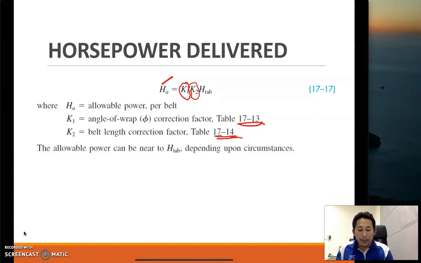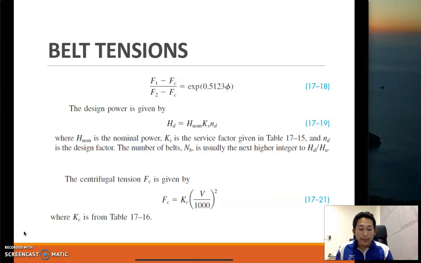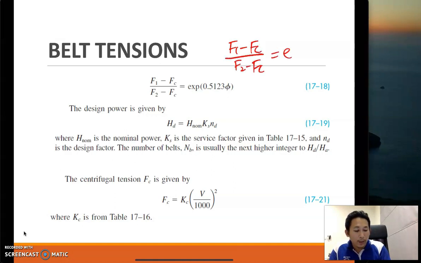The allowable power can be near to H_tab depending upon circumstances. Belt tension: this is F1 minus Fc, F2 minus Fc, so this is exponential of F psi. From the previous, F1 minus Fc over F2 minus Fc equals exponential F psi.